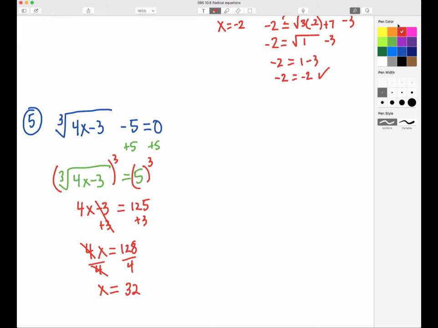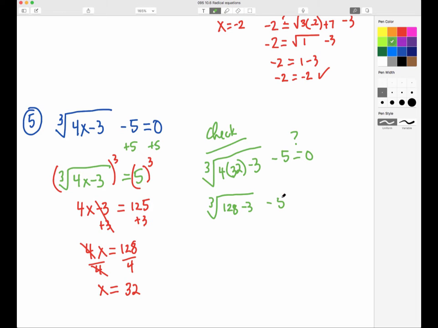All right, well, let's check our answer. See if it actually works. So the cube root of 4 times 32 minus 3, and then minus 5, does that actually equal 0? So I'm checking the cube root of, let's see, 4 times 32 is 128, minus 3, and then subtract 5.